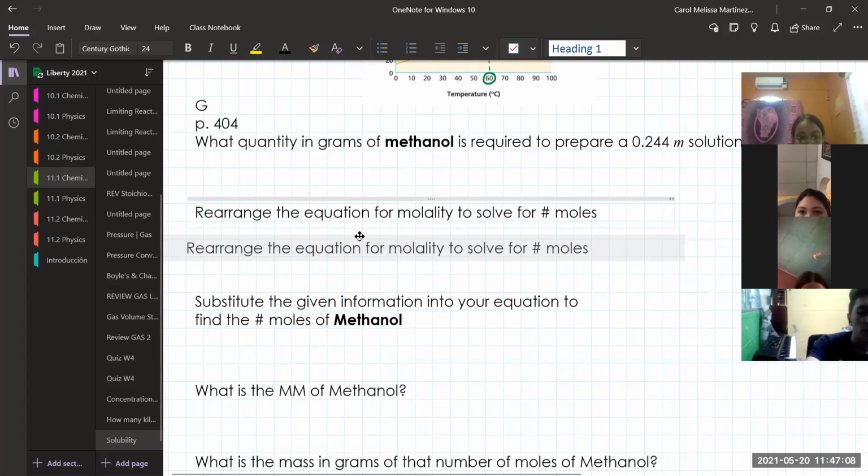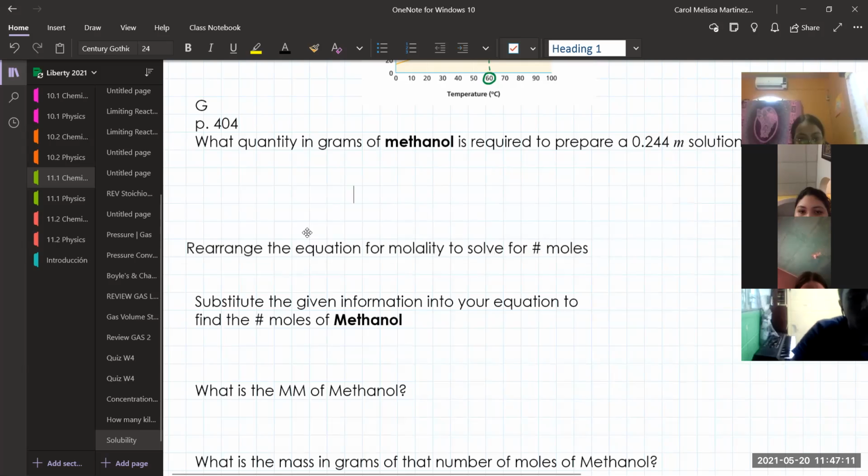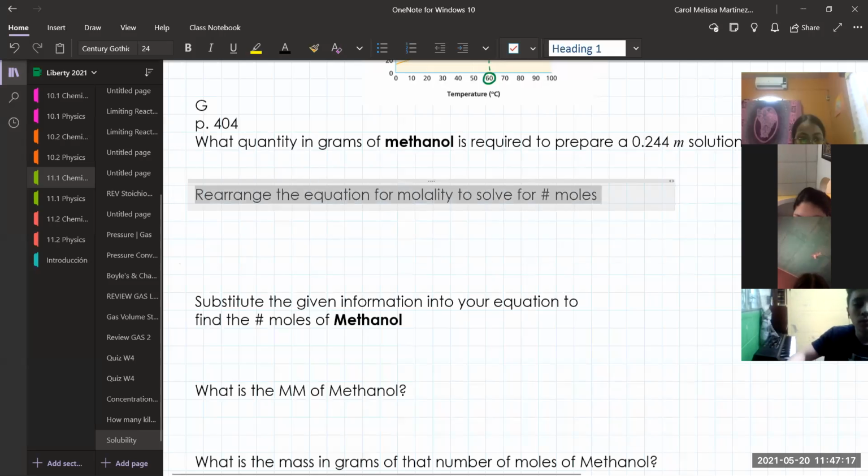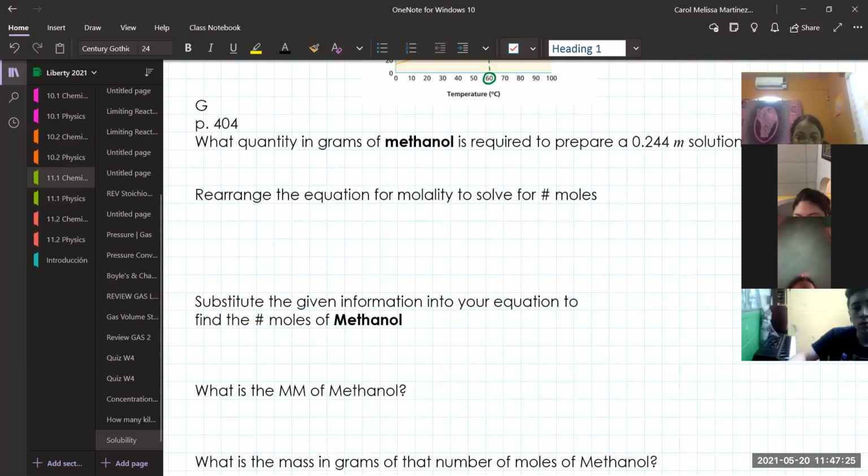That's going to be the first step, and it's written here in the problem. We have to rearrange the equation for molality in order to find the number of moles.